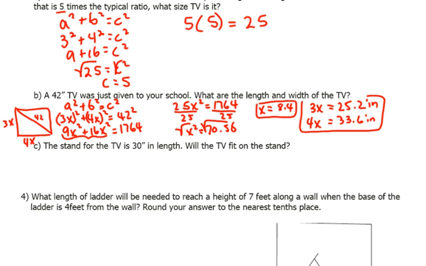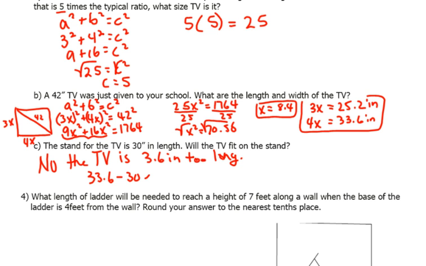Will the TV fit in the stand? My TV is 33.6 inches long. So no, the TV is 3.6 inches too long. And that I did by 33.6 minus 30.